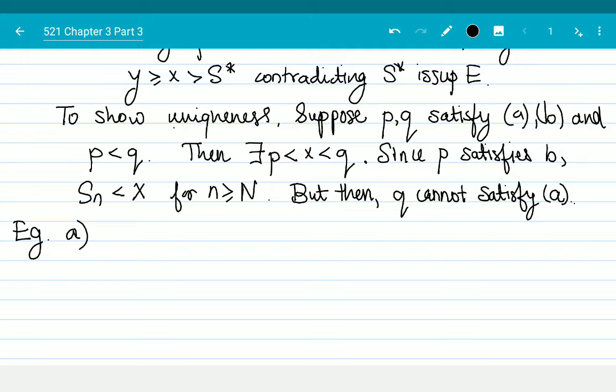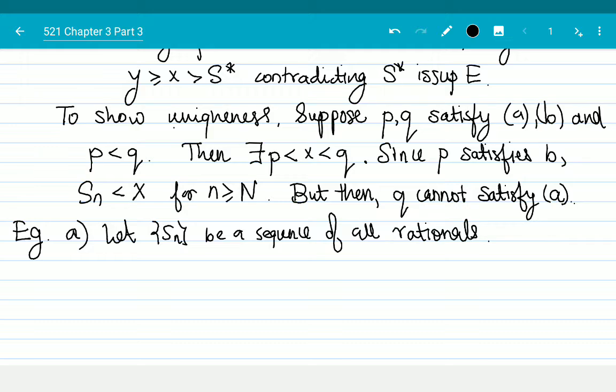Suppose Sn be a sequence of all rationals.